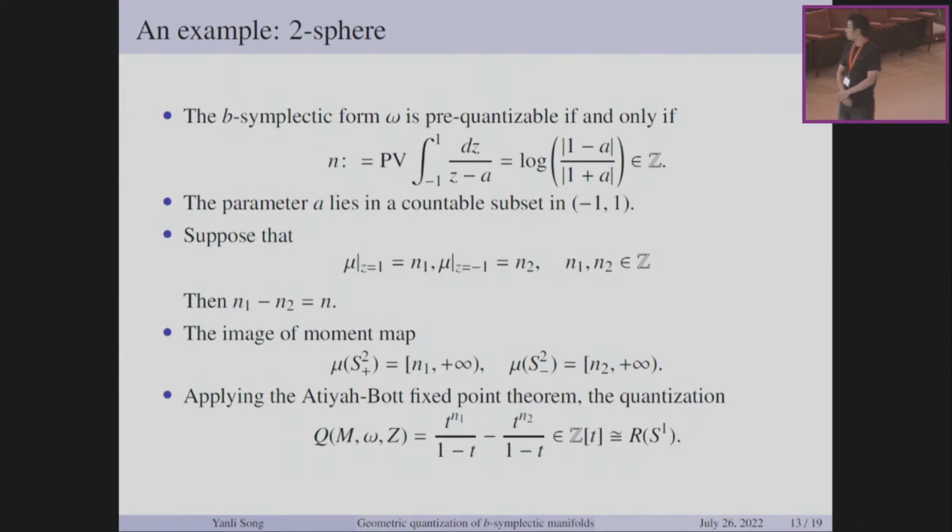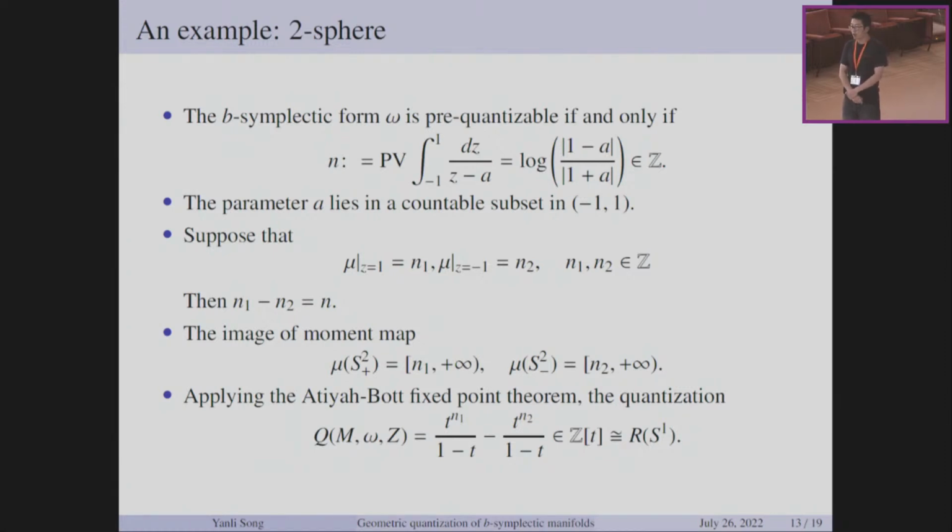And if you use the almost complex structure, in this simple case, you can just use the Atiyah-Bott fixed point theorem to compute it. So the index will be t to the power of n1 over 1 minus t, minus t to the power of n2 over 1 minus t. So this will be just a linear combination of powers of t. You can view it as the Fourier modes, or this is what you get: a finite linear combination of the finite representations of the circle.